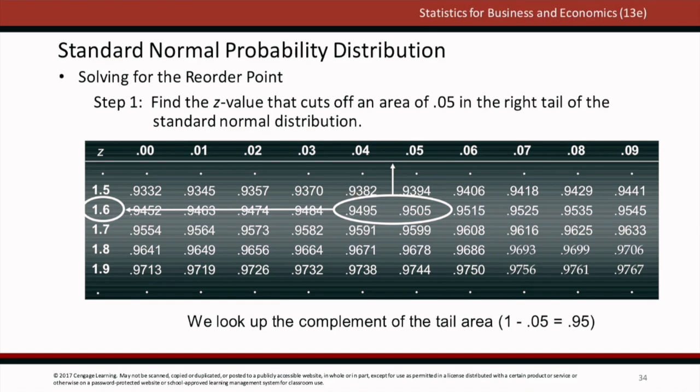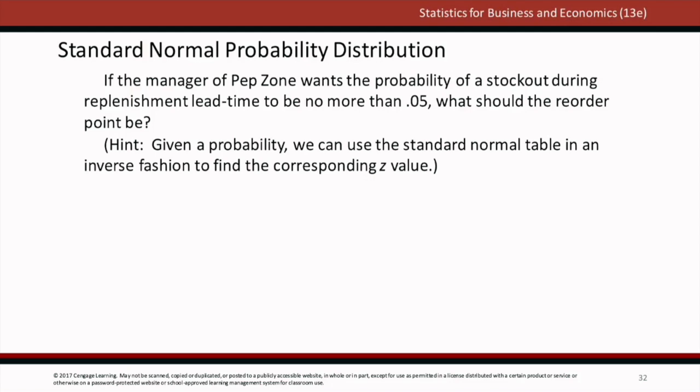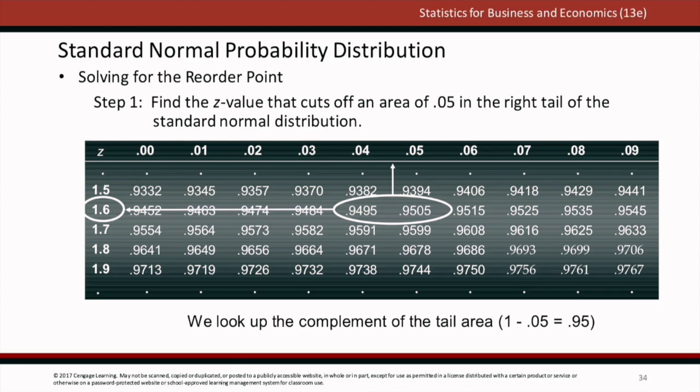So we find it here, as we described before, and that will be the value. So that's the z-score. But remember, we don't want the z-score, we want the actual demand, not the z-score of the demand. So how do we get the demand?